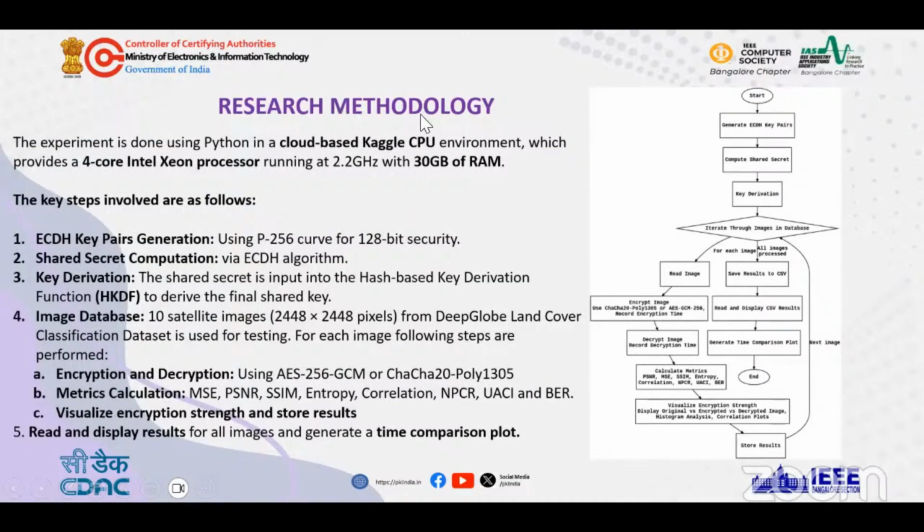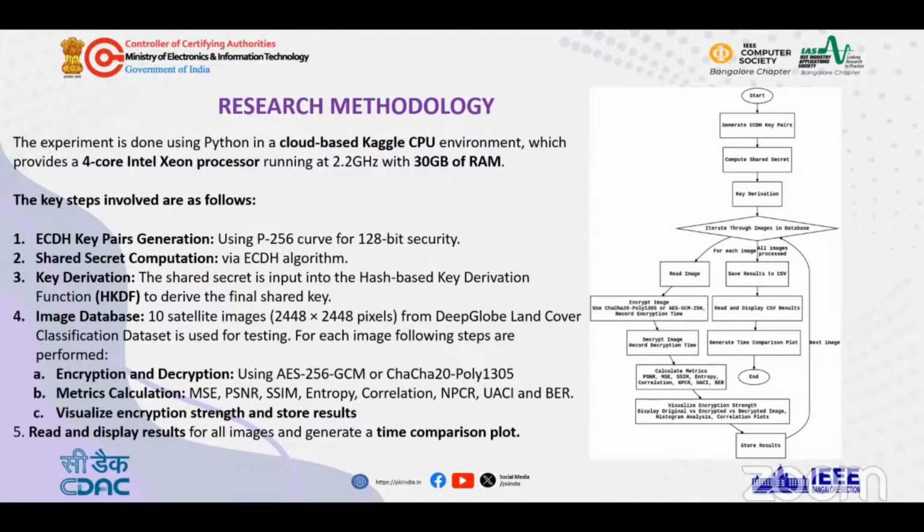Research methodology. This experiment is done using Python in a cloud-based Kaggle CPU environment, which provides a 4-core Intel Xeon processor with 30 GB of RAM. The key steps involved are as follows: ECDH key pair generation using P256, shared secret computation via the ECDH algorithm, key derivation using HKDF, and the image database. 10 satellite images from the DeepGlobe land cover dataset were used for testing.